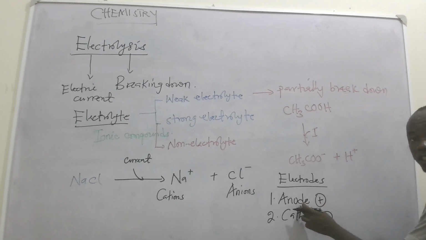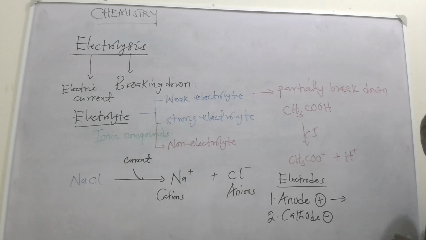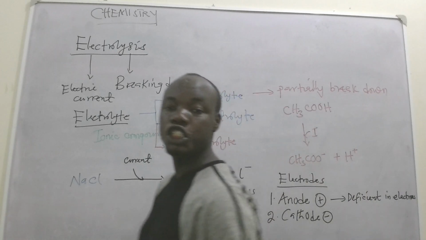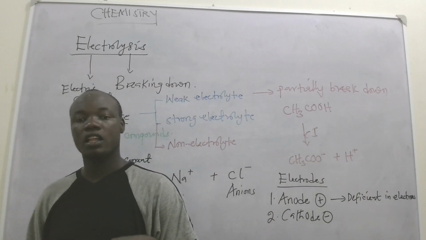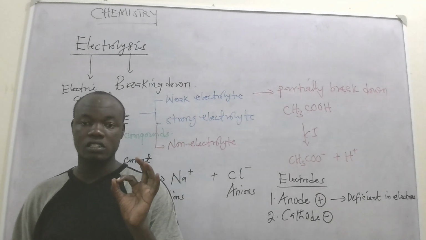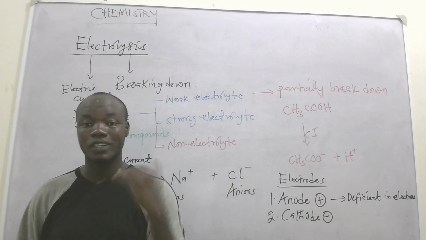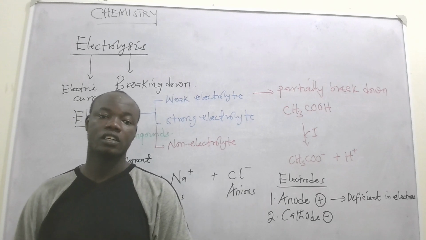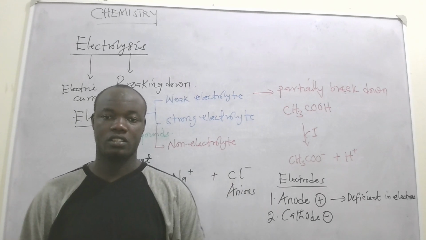Generally, anodes are deficient in electrons. It means that their number of electrons is very low, so they need electrons. It's like they are hungry for electrons.